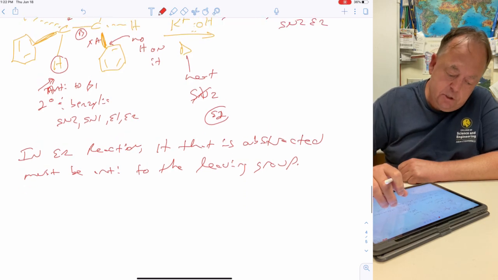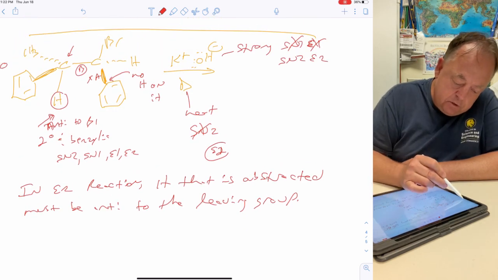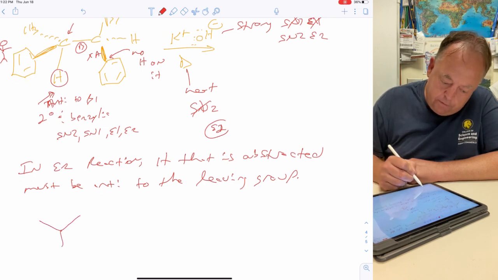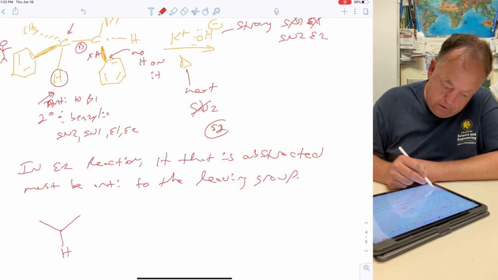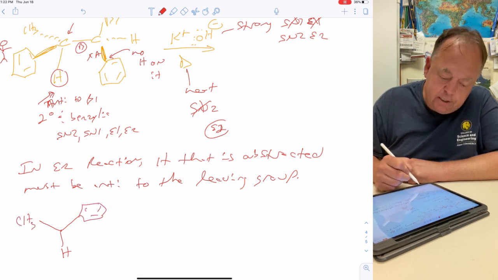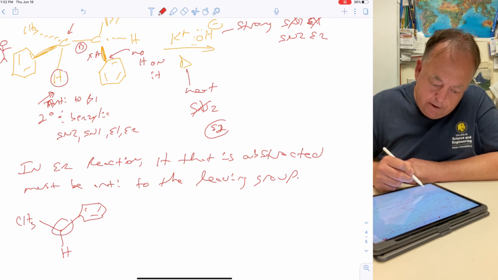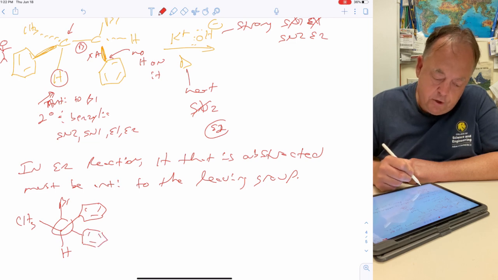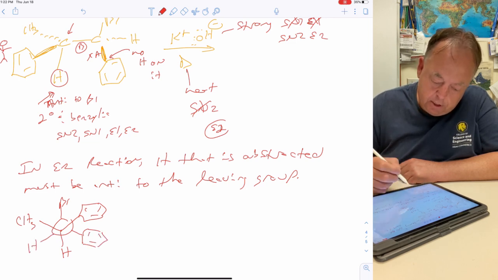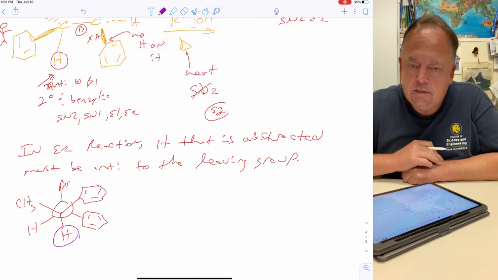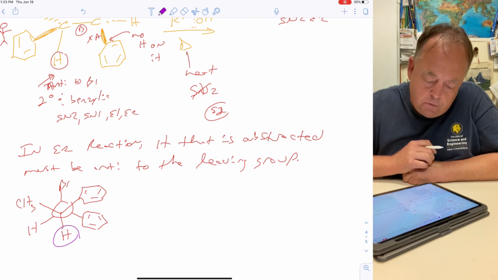So if we drew a Newman projection of this molecule looking from this perspective, then what you would see is the front carbon is a Y. The methyl group is on your left, the benzene ring is on your right, and hydrogen's at your feet. And then the back carbon, bromine's at your head, benzene is on your right, and hydrogen is on your left. And when you do the elimination, that's the hydrogen that has to come off, so it is anti to your bromine.